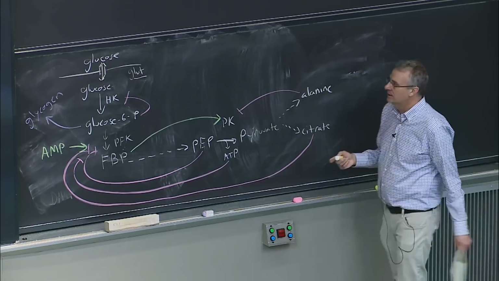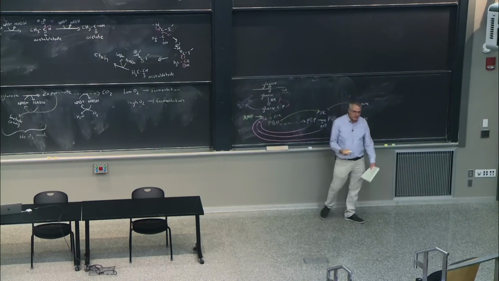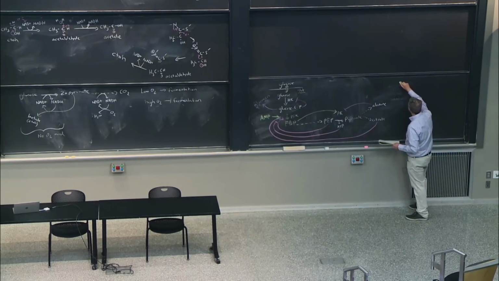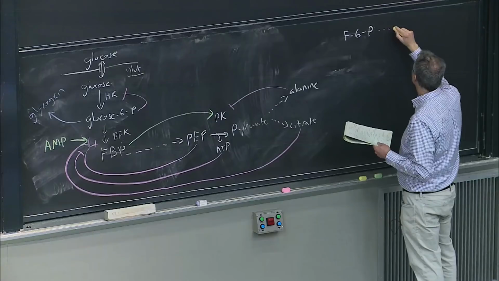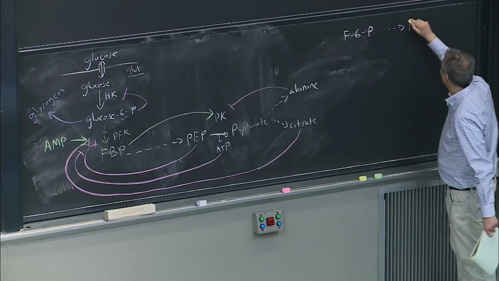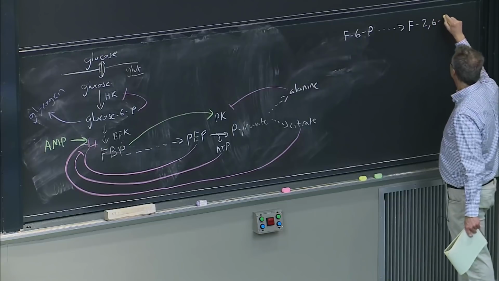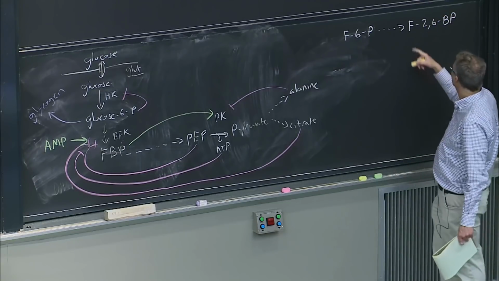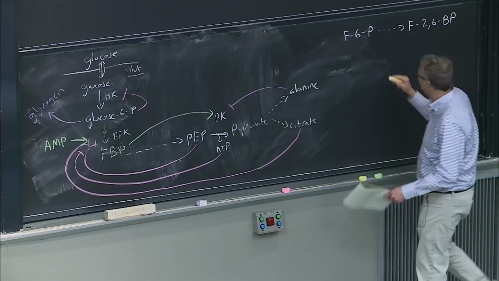Now, one other point that I want to mention, just because it will come up sometimes on MCAT exams, is that there's an additional detail about how PFK is allosterically regulated, and that's because there's this side reaction where fructose 6-phosphate can be phosphorylated on the 2 rather than the 1 position to make this molecule, fructose 2,6-bisphosphate.